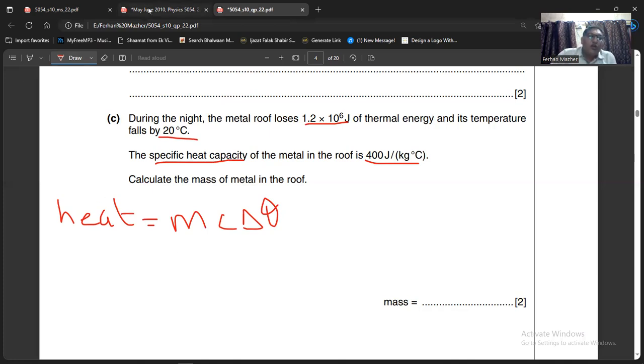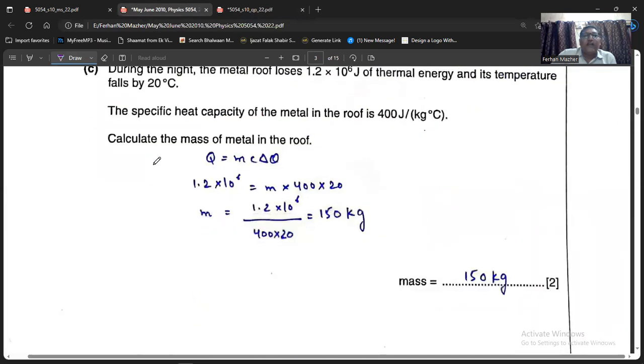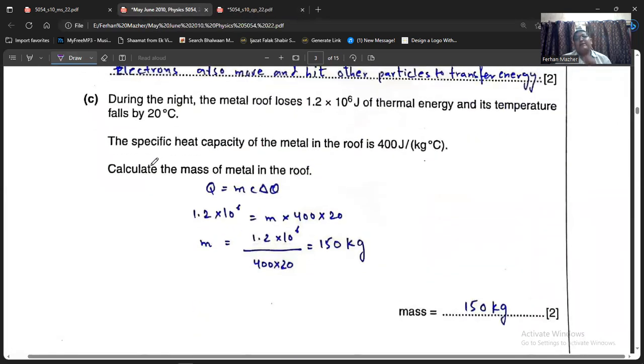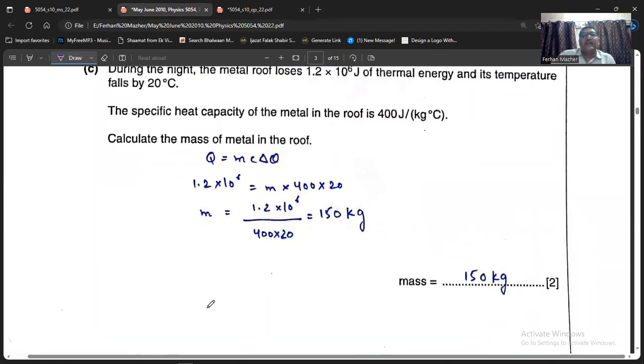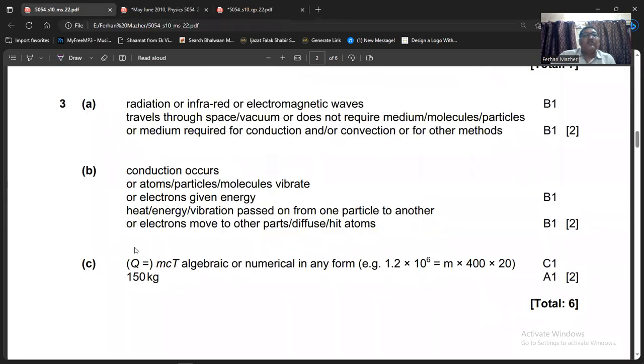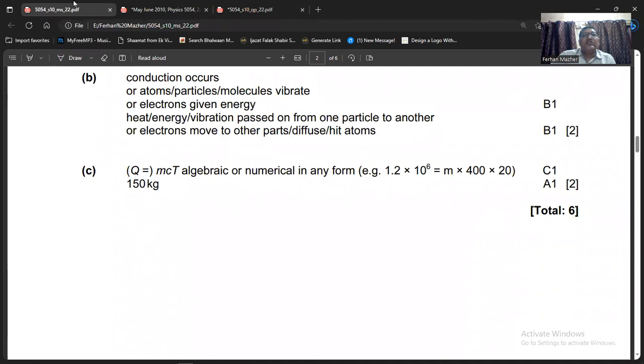I will make m the subject. So 1.2 × 10^6 equals m times 400 times 20. So m will be equal to 1.2 × 10^6 divided by 400 divided by 20, and that will be equal to 150 kg. So the mass of the metal is 150 kg, which is the right answer.